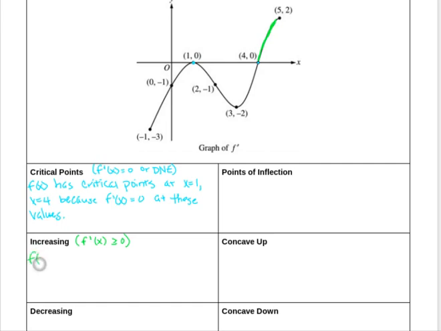That means f of x is increasing on the interval from 4 to 5 because, that should be a bracket there, not a parenthesis. Sorry about that. Because f prime of x is greater than or equal to 0 on this interval.